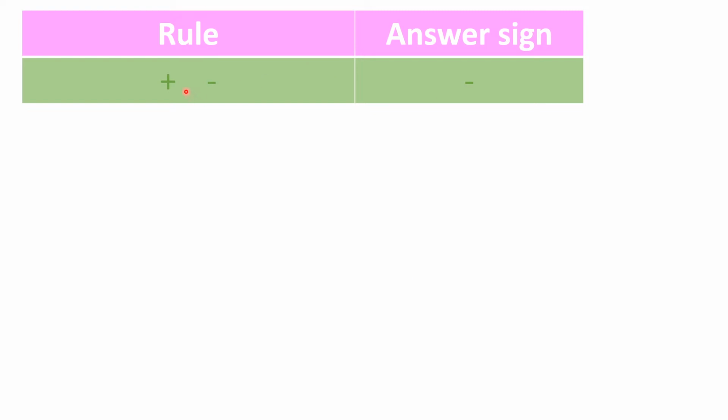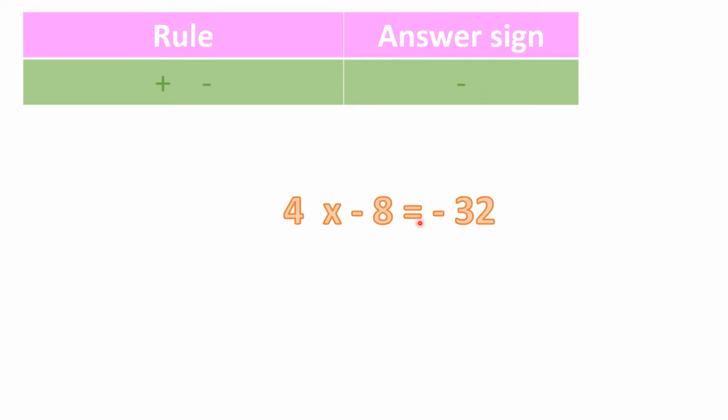Next rule tells us that if we multiply a positive integer and a negative integer together, we get a negative integer. So let's see. Look at this first example. 4 is a positive integer, minus 8 is a negative integer. When you multiply a positive integer and a negative integer, you get a negative integer, right?